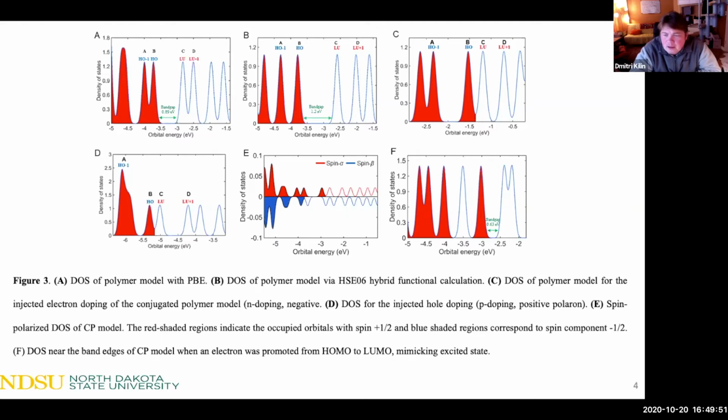Okay. I know that Mead has connected to our meeting. Mead, would you like to share your personal opinion? What is the value or what is interesting in promoting an electron from HOMO to LUMO?